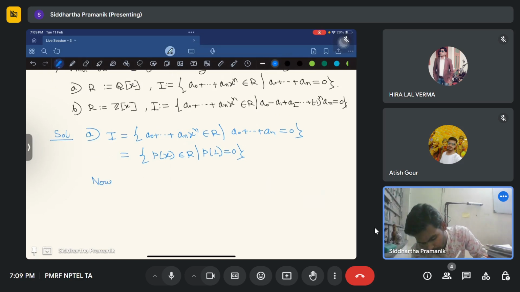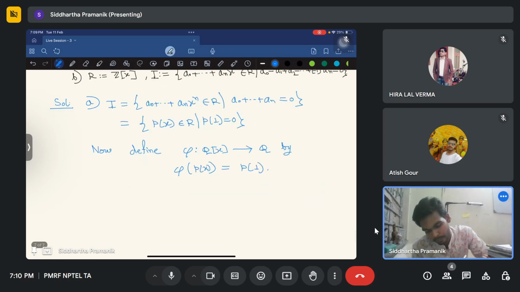Now define a function phi from R, okay, let me write Q[x] to the field Q by phi of p(x) is just p evaluated at 1.